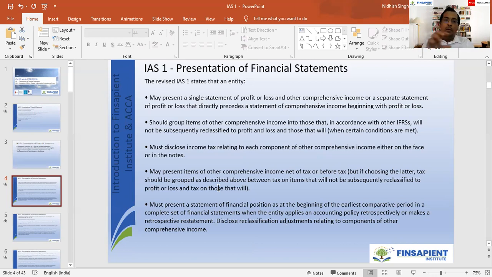Also, when we provide the notes and say that the consultancy fee or any particular professional fee was 10 million for the year 2020, we also need to provide in brackets that it was 8 million in the preceding year, 2019. So comparatives will go not only in the 4 primary statements, but also in the disclosure notes. Of course, we have various other rules which dictate that, and we'll talk about that in the next few slides.